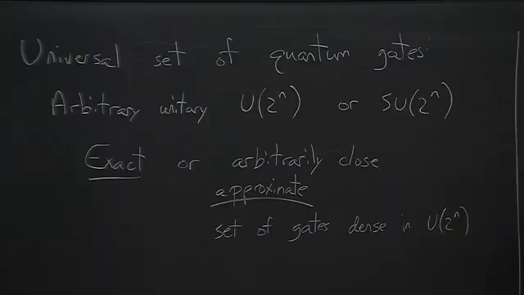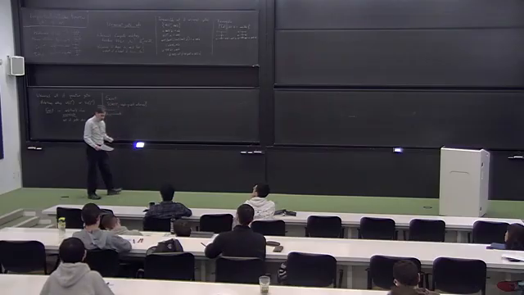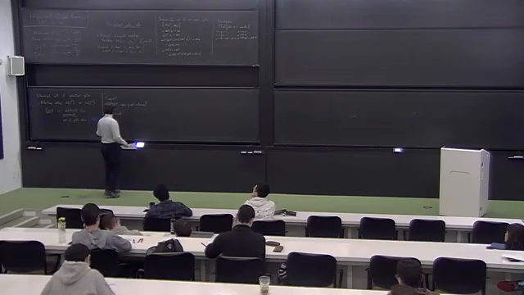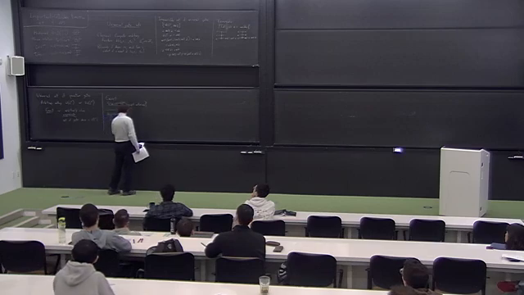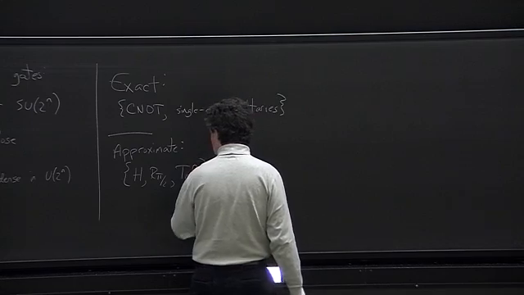And then approximate universality. Again, there are different gate sets in the literature, but here are some common ones. So one is this.